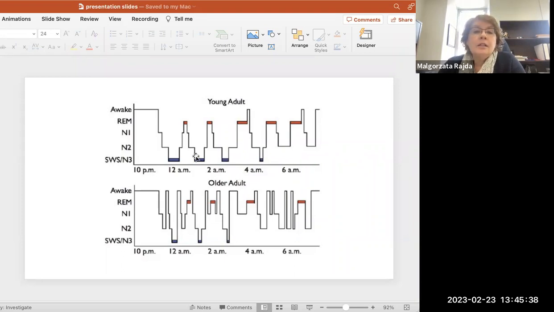The other thing you will see, what I already mentioned before, is that there is much more wakefulness during sleep. The latency to sleep may not be that different, but there is much more fragmentation in sleep. We see much less slow wave sleep in older adults and slightly less REM sleep.